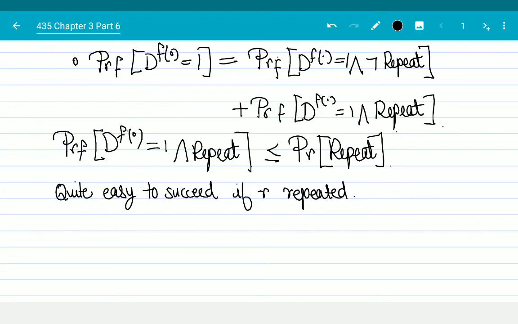And so we can say this is safely smaller than or equal to the probability that it repeated. And so, therefore, I can say the probability that D^F is equal to 1 is equal to the probability that it did repeat.